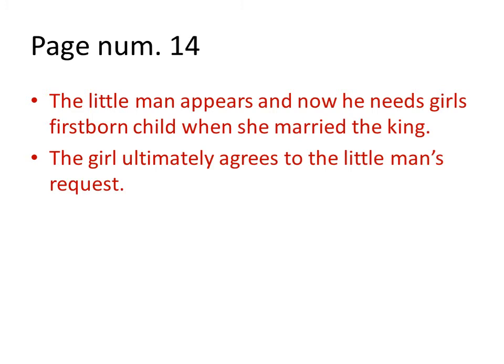And this girl said to that little man, "This time I have no gift to give you," said the girl sadly. "If I help you," he said, "you must promise to give me your firstborn child." Now that was his need. So the girl ultimately agrees to the little man's request.